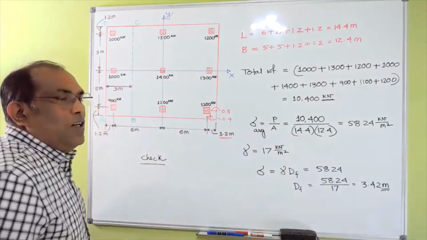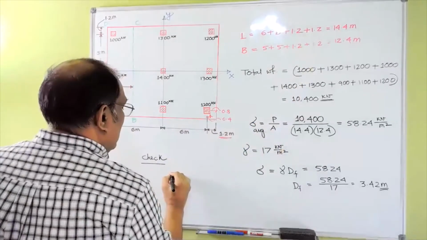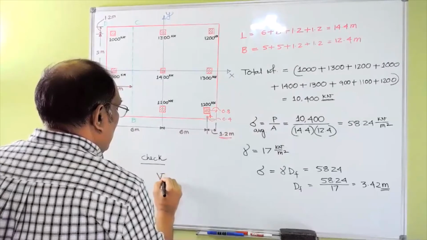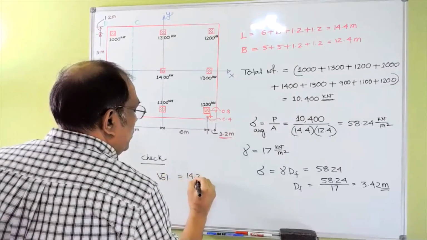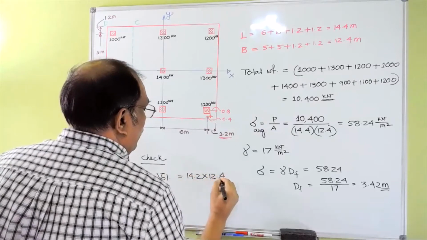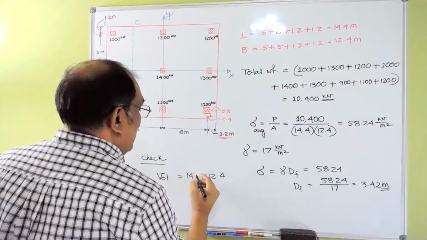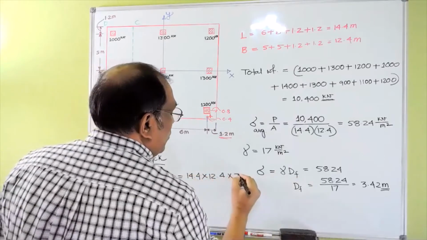So what is the total volume of soil? That's basically 14.4 into 12.4 into 3.42.